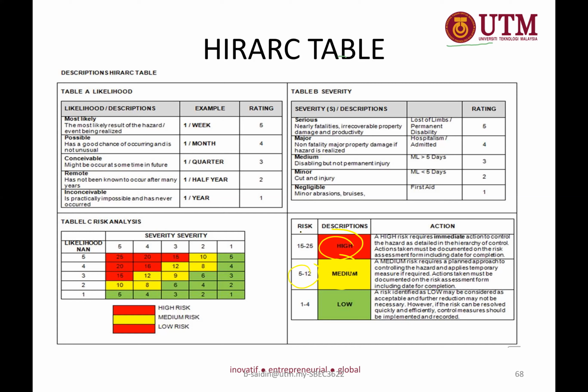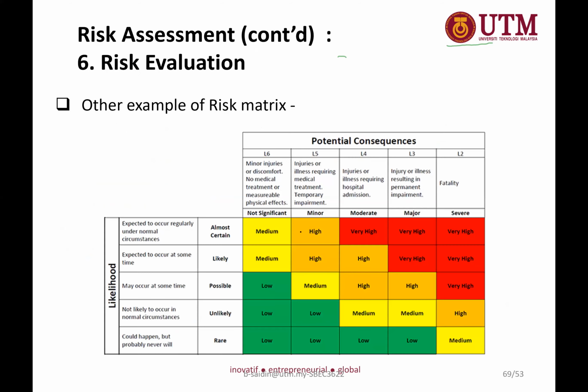Okay, so this is just example given by DOSH guideline. Different agency will have, sometimes they do have low from 1 to 5. It doesn't matter. Once you calculate, anyway, the value will fall under this category at the end of the day.